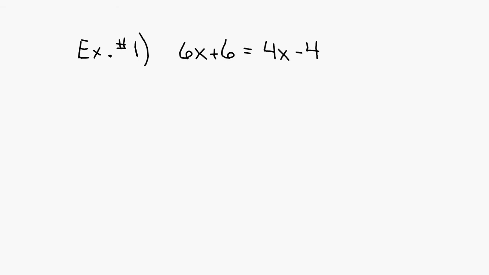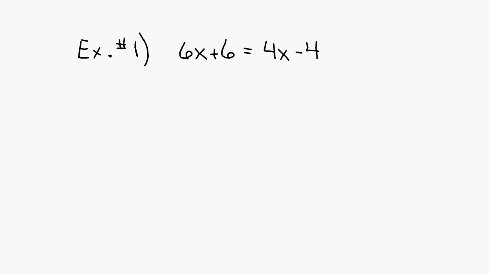All right, in this case, there's no distributive property to do. That's what I was talking about, "if needed." So you can go to your second step, which is to combine like terms. And again, there's nothing to combine on either side of the equation. So the third step is to get all the variables on one side.